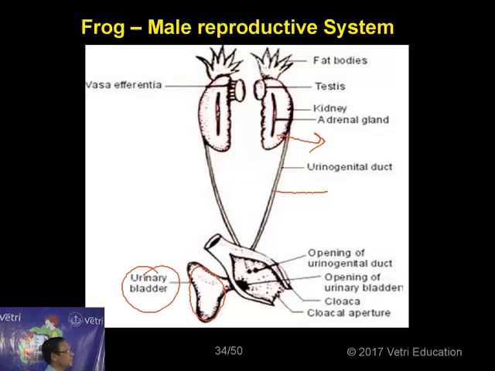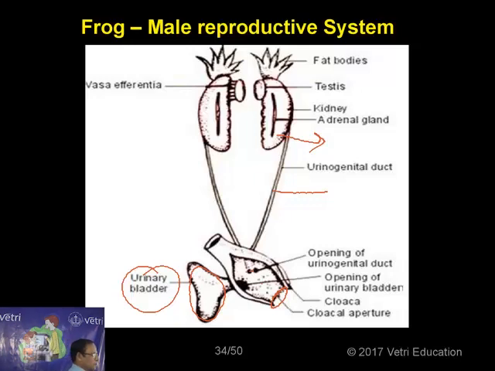Regarding the excretory system, a pair of kidneys, a pair of urinogenital ducts in the case of male, and they open separately into the cloaca. Now this is the cloacal chamber, and this is the cloacal aperture. This is called the cloaca or cloacal chamber. If you are using the word cloaca, that's not the opening, it is a chamber, into which the reproductive, excretory and digestive systems open.